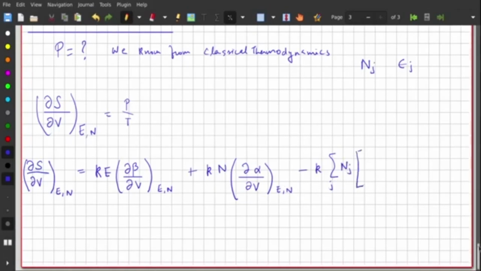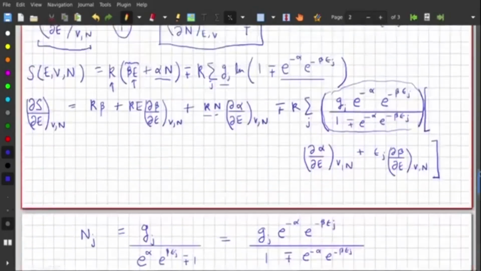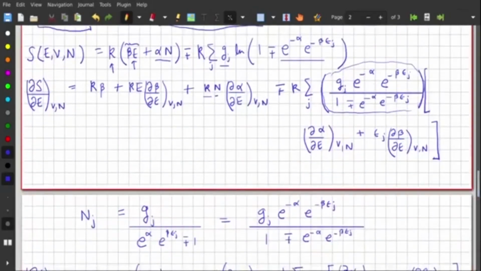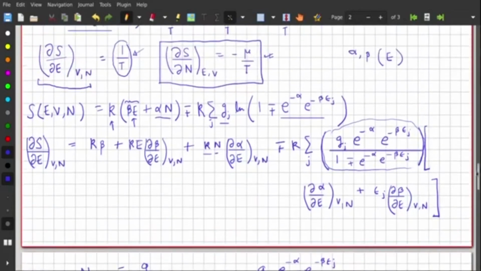If you remember, this is where the bracketed term is coming from. But now what we need to realize is that since we are differentiating with respect to volume, epsilon j, the energy, is also a function of volume. So we will have three terms of alpha, beta, and epsilon j, and here we will be using the product rule basically. Everything remains the same, we just have an additional term here.